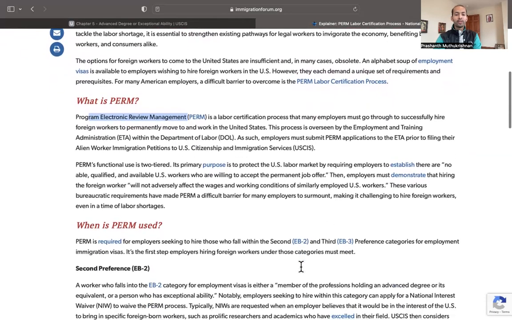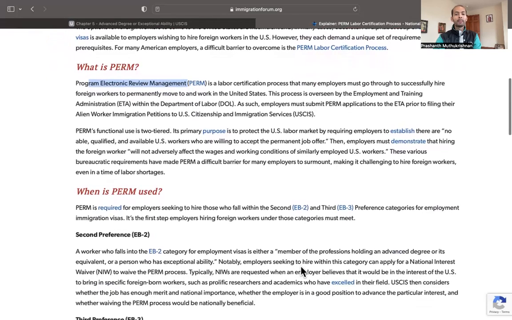extensively within the country, asking for people to apply for their job posting, and nobody has been found that is a great fit, and therefore the employer is proving to the Department of Labor that, hey, I need a foreign national like Dr. Prashanth to come into the US, or if he's already in the US, I need him to work for us.